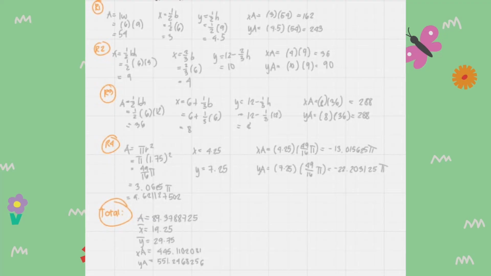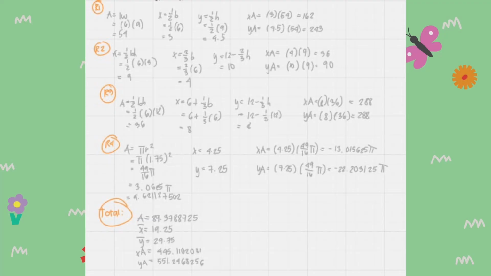For our R4, which is the circular hole, area is equal to pi r squared. R is 1.75, so pi times 1.75 squared is equal to 49 over 16 pi, or 3.0625 pi, or 9.621127502.